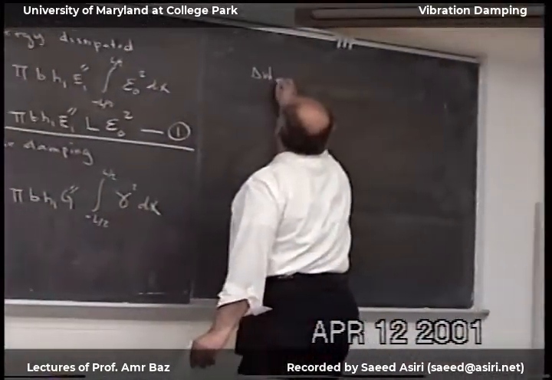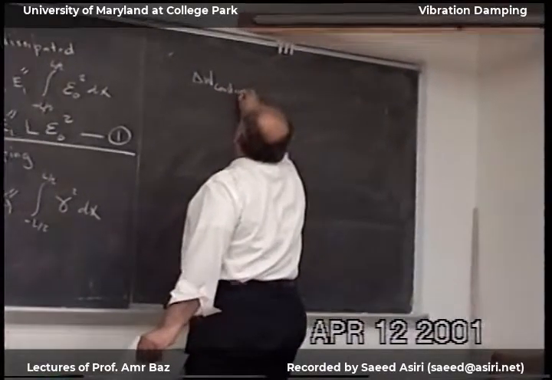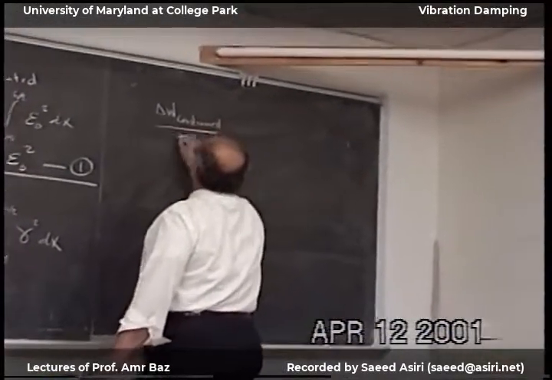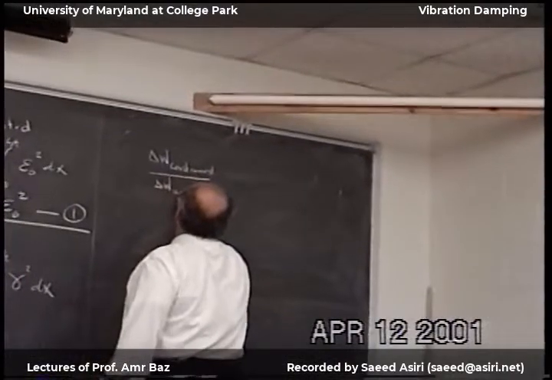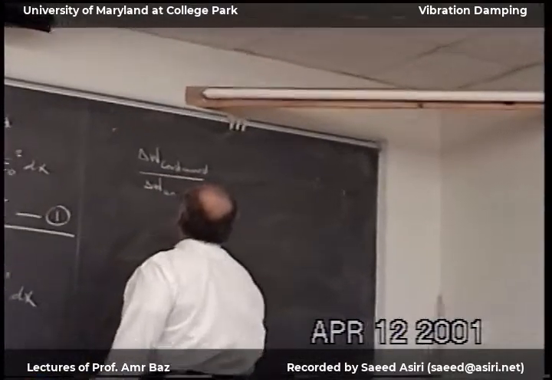Now the ratio, del W constraint over del W unconstrained.